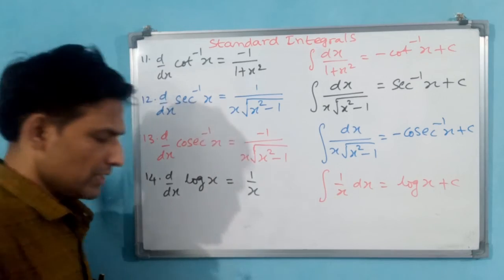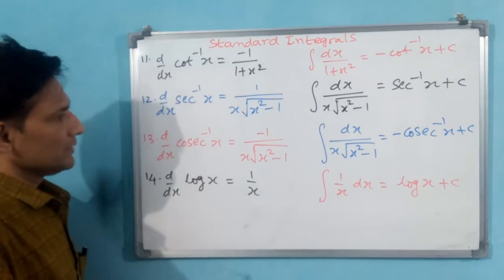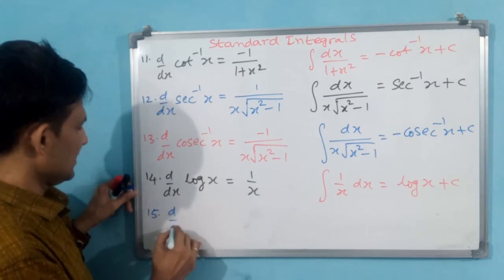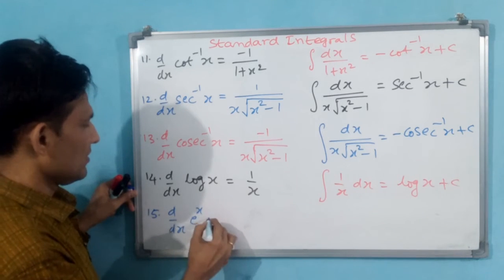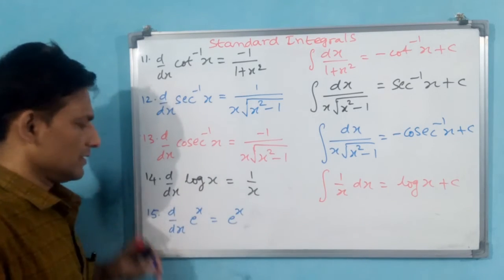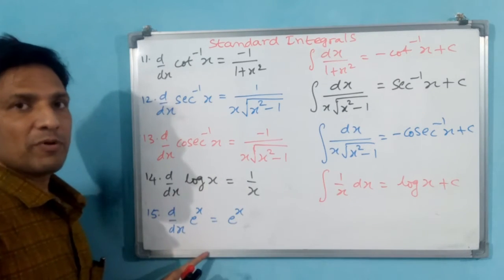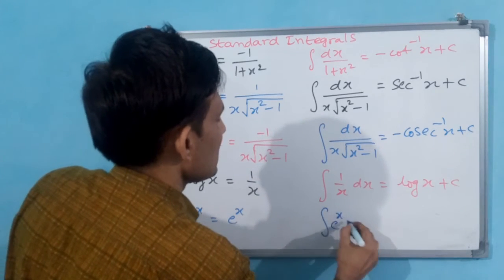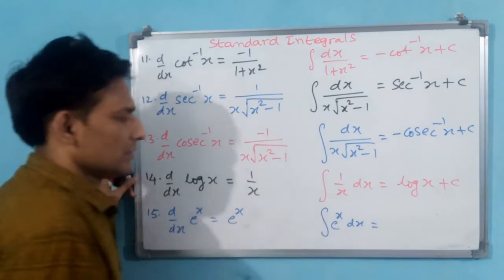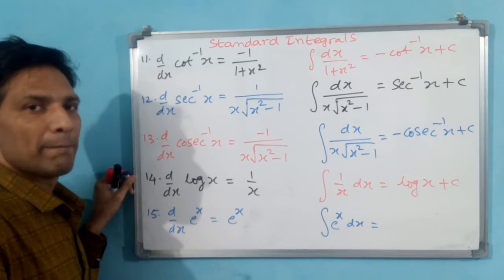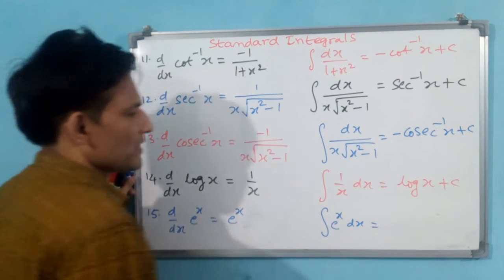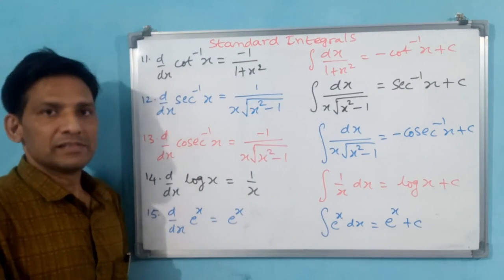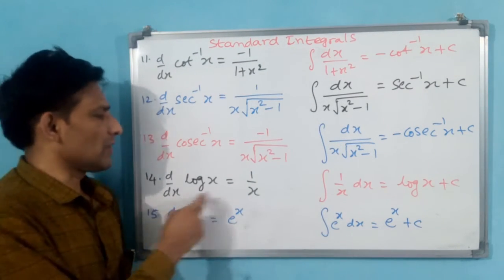Understand this? Then one easy, simple one, e power x, we will write. d by dx e power x is equal to e power x. Then integral e power x dx is e power x only. You should be very careful for log x.